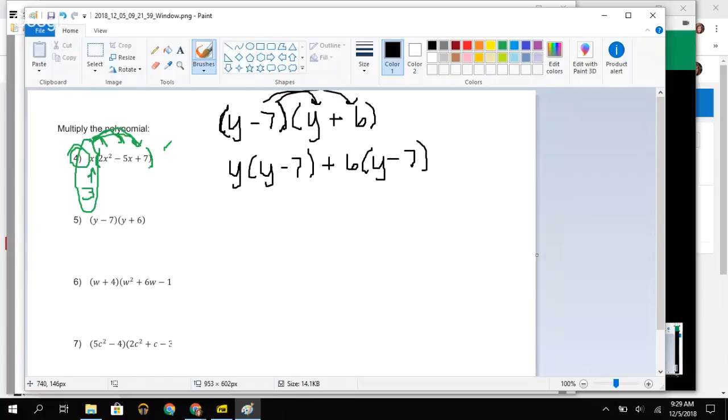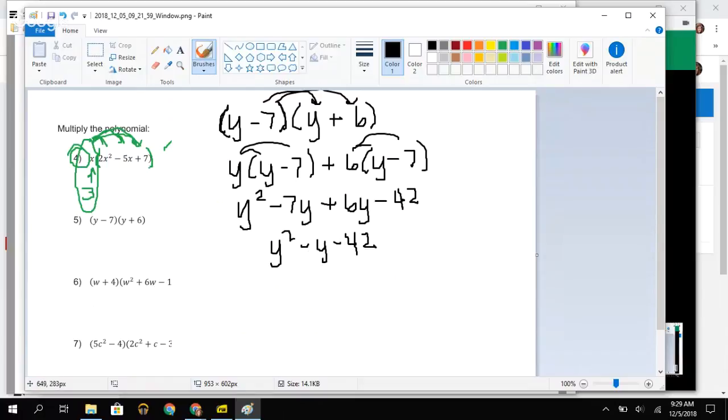And then to solve that, you have to distribute each of these numbers again, and you get y squared minus 7y plus 6y minus 6 times negative 7, minus 42. And then we simplify and get y squared minus y minus 42.